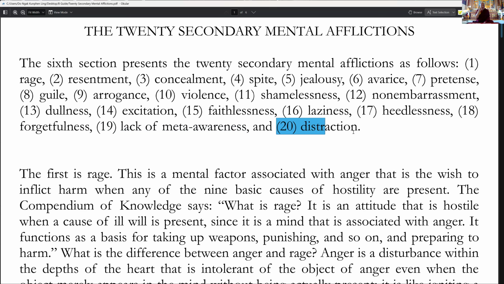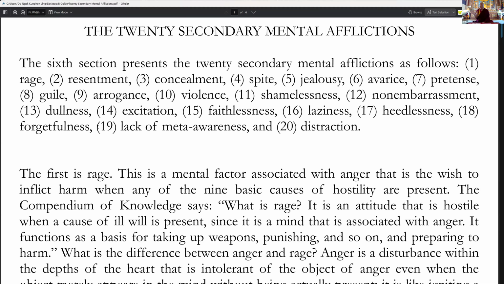These four or five arise from all three mental afflictions: attachment, ignorance, and anger. Sometimes from attachment, sometimes from anger, sometimes from ignorance. So those are the secondary mental afflictions. Yeah. What is meta awareness?